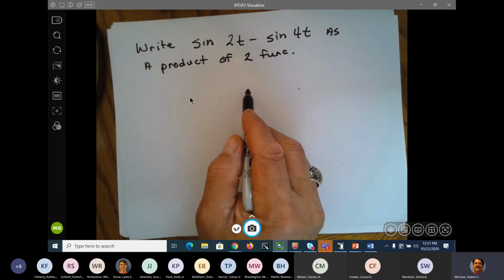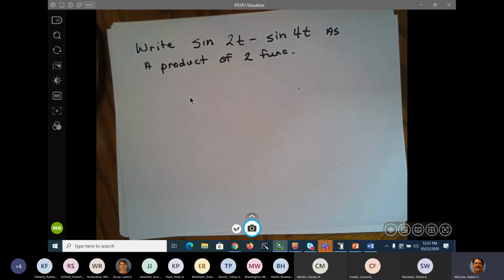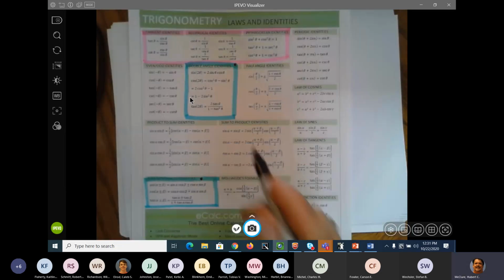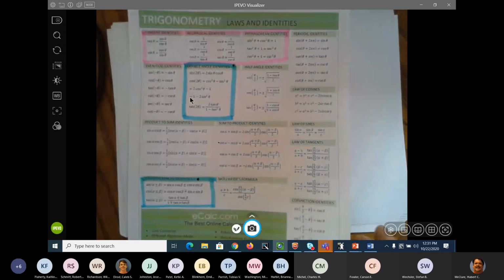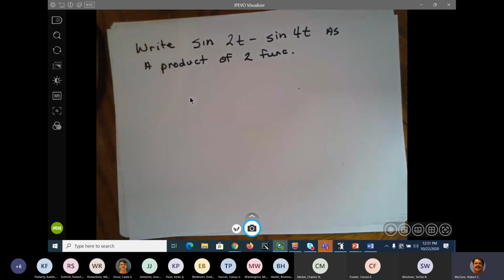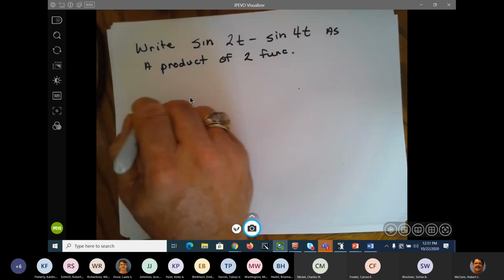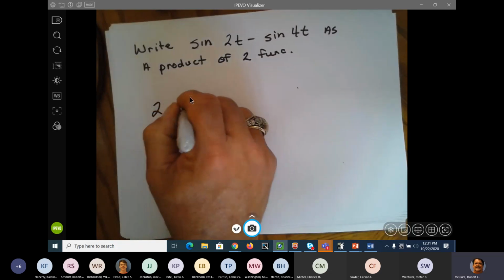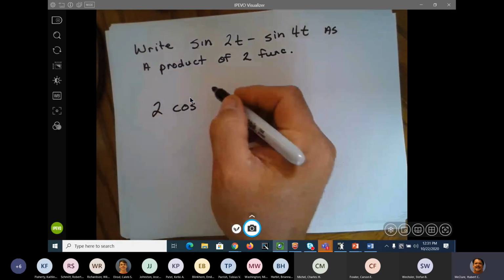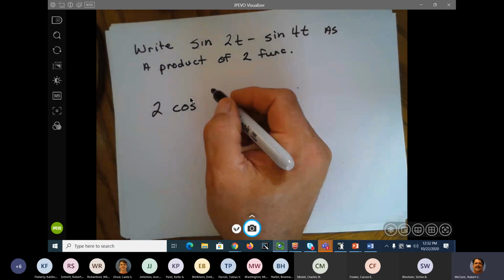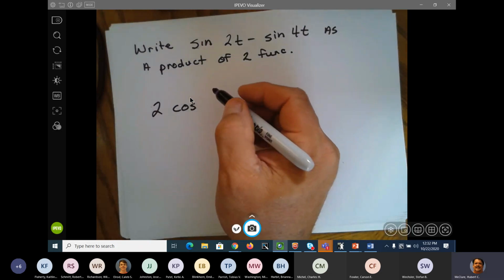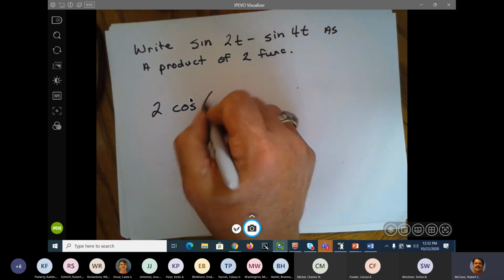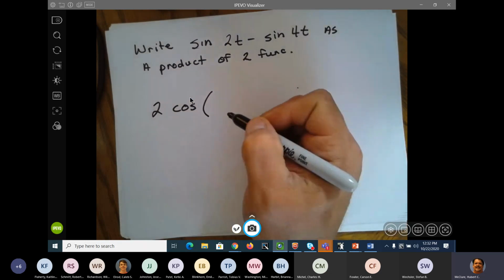So we've got to find sine minus sine. Sine minus sine is the second one right there. Plug and chug. 2 cosine, and I'm just following this little sheet right here. 2 cosine, and that's going to be alpha and bravo.